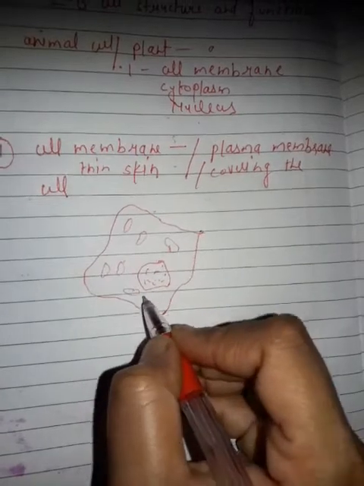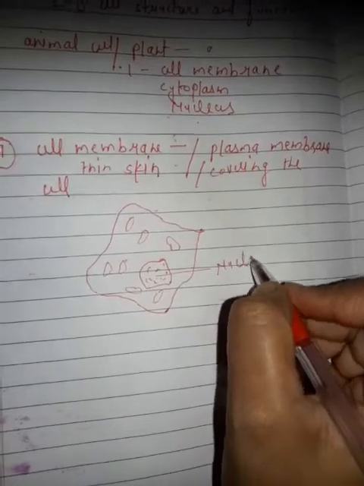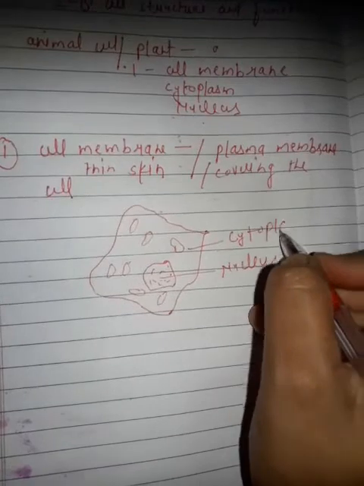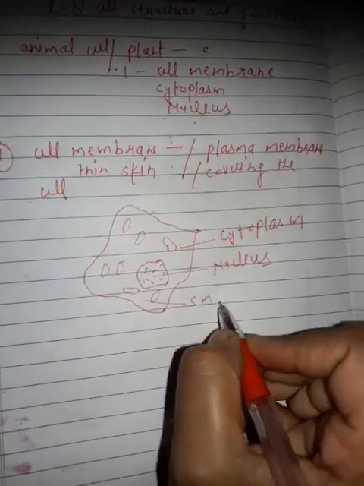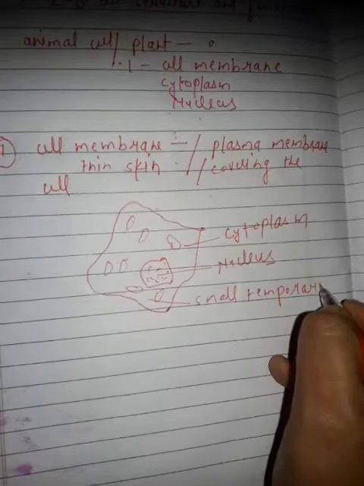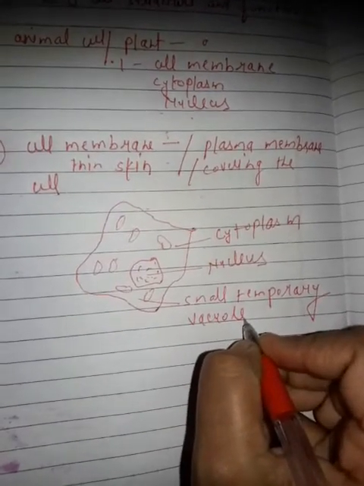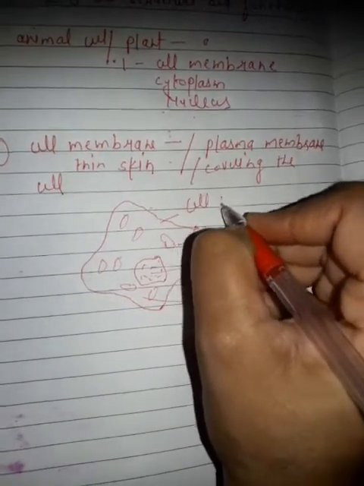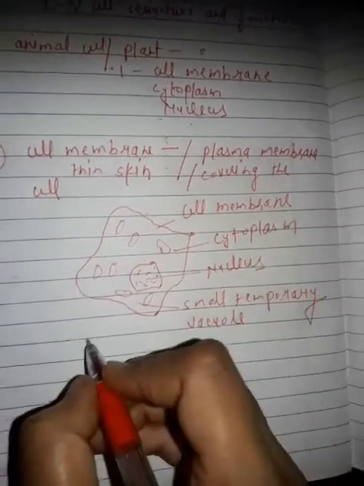This one is the nucleus, cytoplasm and small temporary vacuole, and this one is the cell membrane. This is the animal cell.